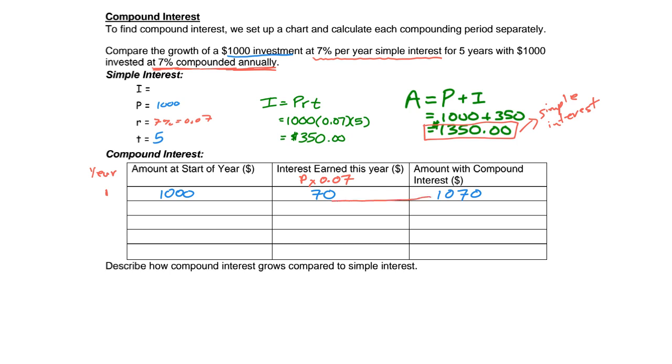Now, here is the cool part about compounding. Remember that $1,070 that you had? I want you to imagine that 1,070 starts at the beginning of year two. And then we apply that simple interest just for that year on 1,070. In this case, when we take 1,070 and multiply by our 0.07, otherwise known as 7%, you end up with $74.90.